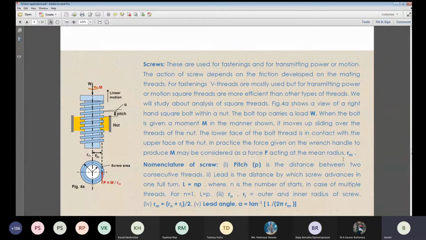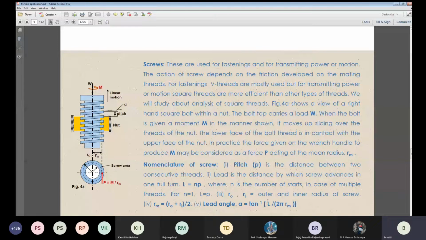So now you could not understand tan inverse L by 2 pi Rm. By the way, if I replace this L by P, do you understand? No, sir. The problem is 2 pi. It should be replaced only by P. P means pitch.